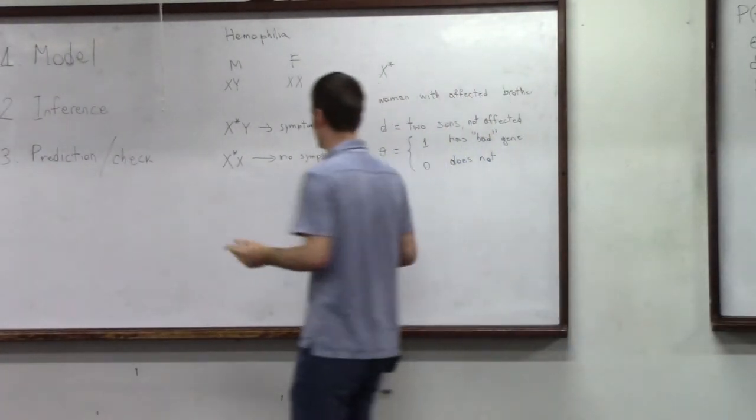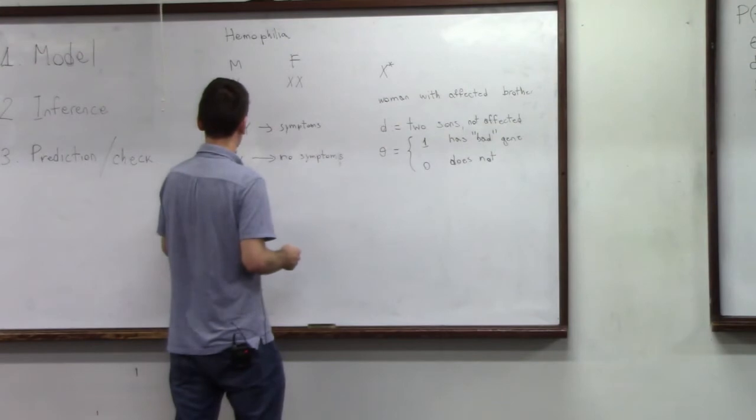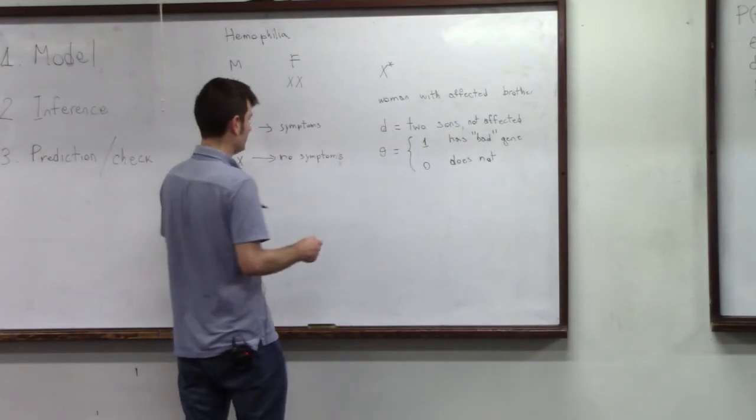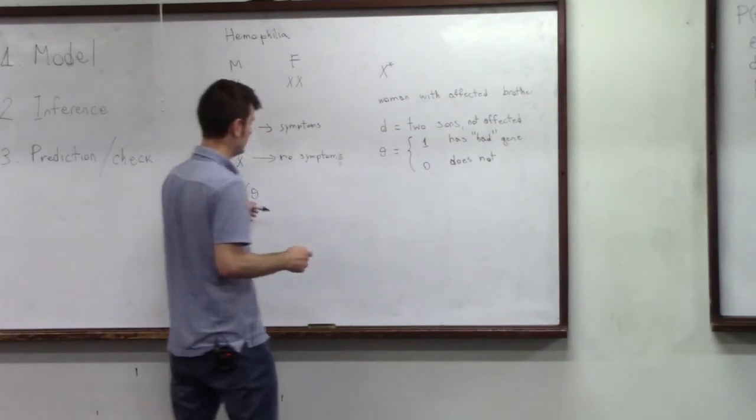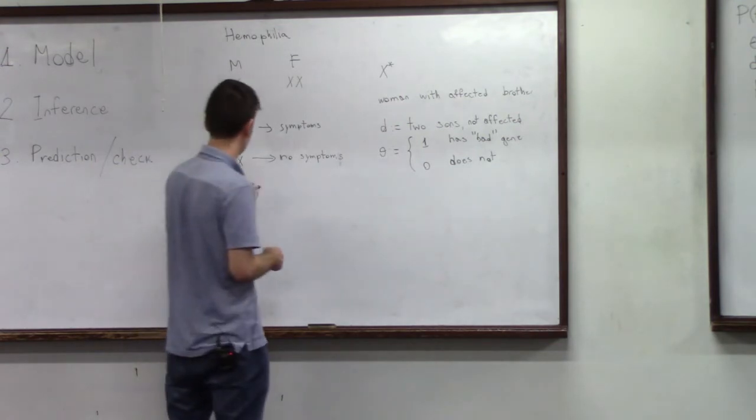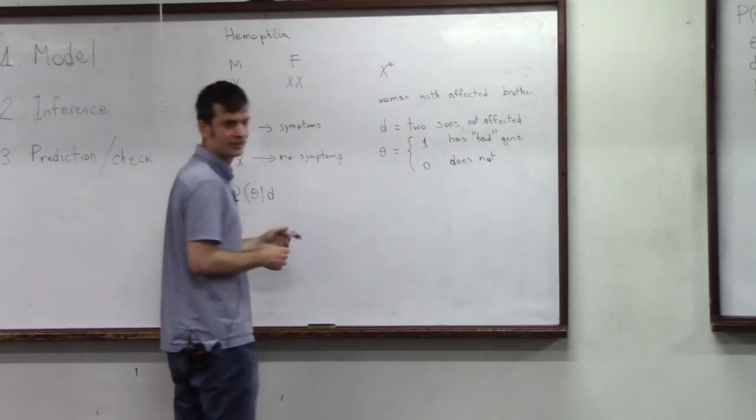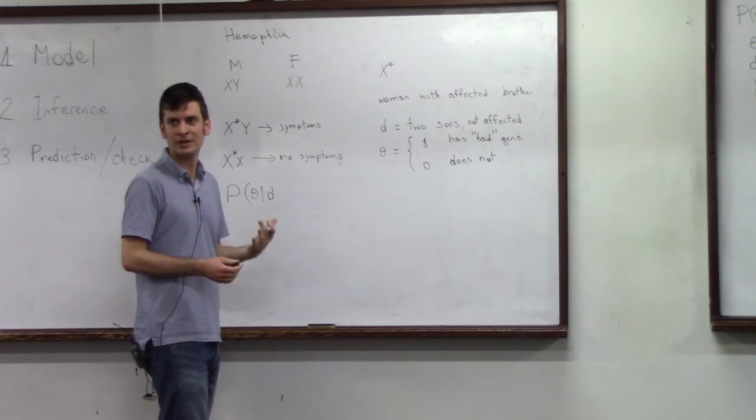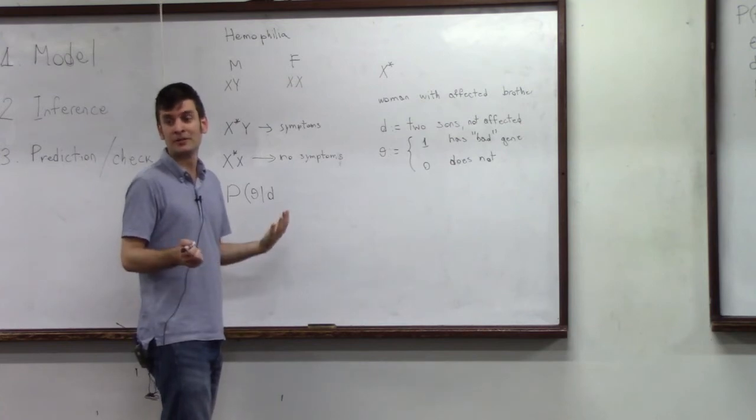So we'll be asking, what is the probability of a specific value of theta, which could be 1 or 0, given that we know that she has 2 healthy sons?